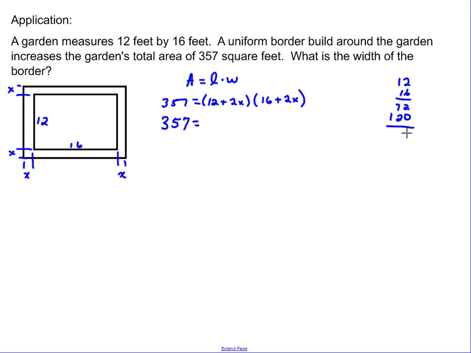If I add those two together, I get 192, plus 24x when we multiply our outer terms, plus 32x when we multiply our two inner terms, plus 4x squared.